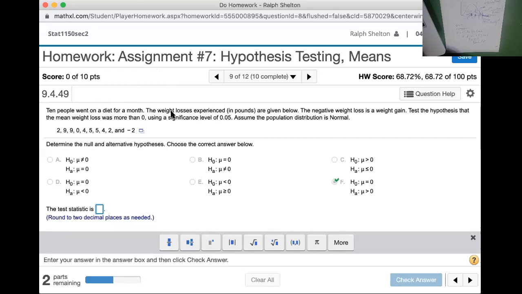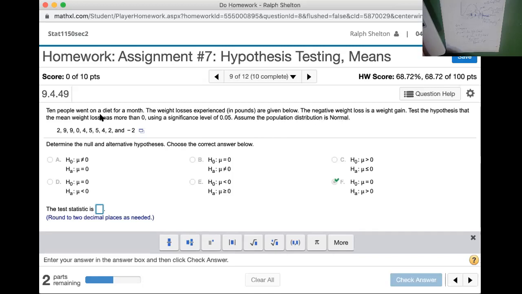10 people went on a diet. This is the screen, and here's the correct null, correct alternative. Now we're going to put the data in. It wants the test statistic. Now notice we've got 10 people, and assume population distribution is normal.